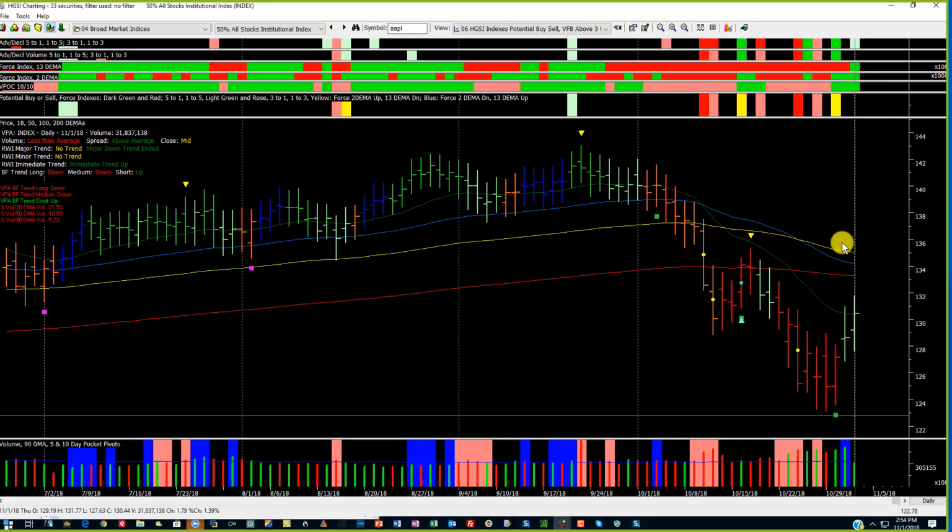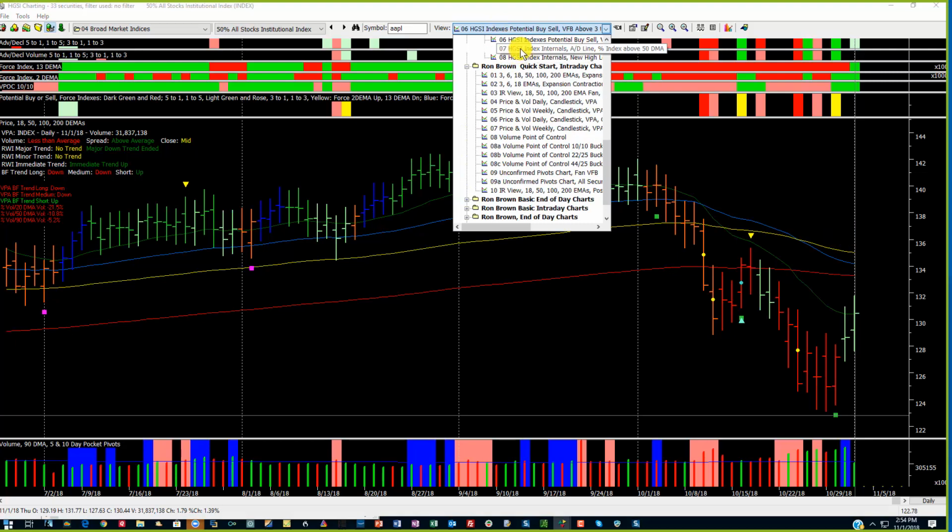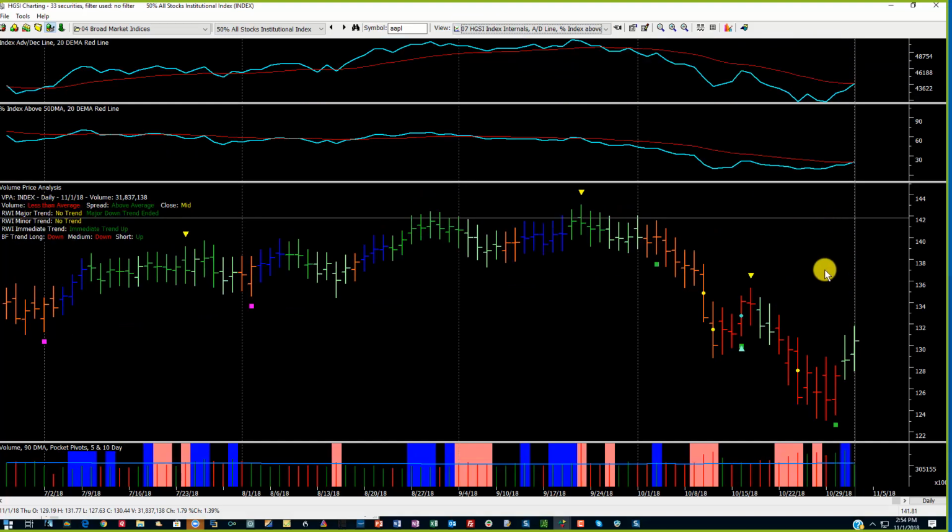So all of this is being done with intraday information, whereas before we were really limited to end of day. And you can see how much more powerful this is with the intraday, the capability of generating the indexes intraday and then looking at this information.